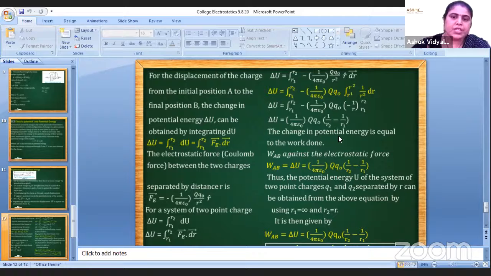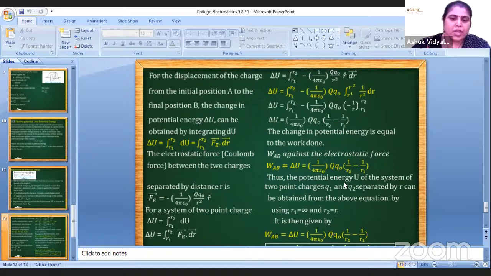The change in the potential energy is equal to the work done. Therefore, this work done W AB to bring this charge from A to B against the electrostatic force is given by delta U is equal to 1 upon 4 pi epsilon naught, and then this Q naught into 1 upon R2 minus 1 upon R1.